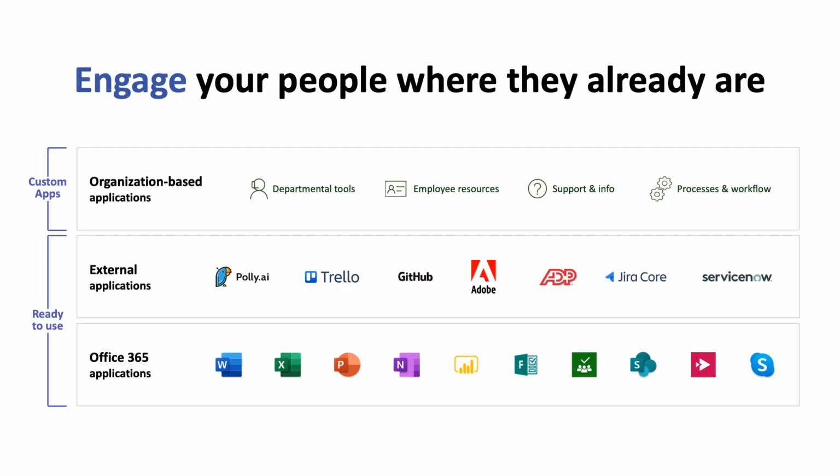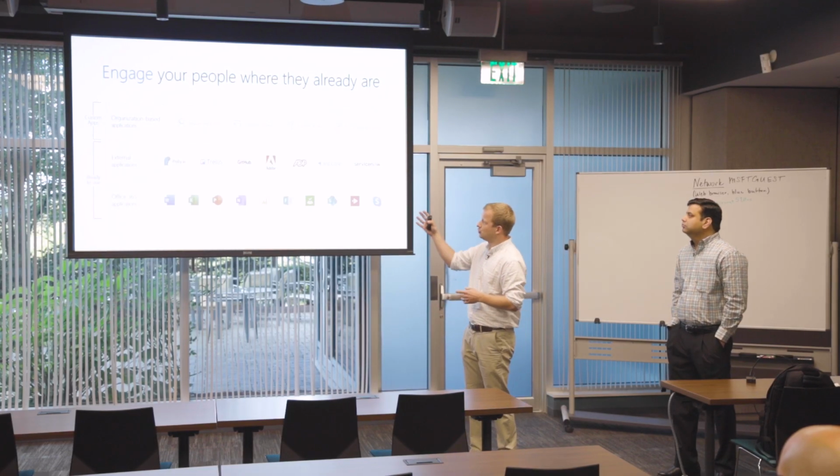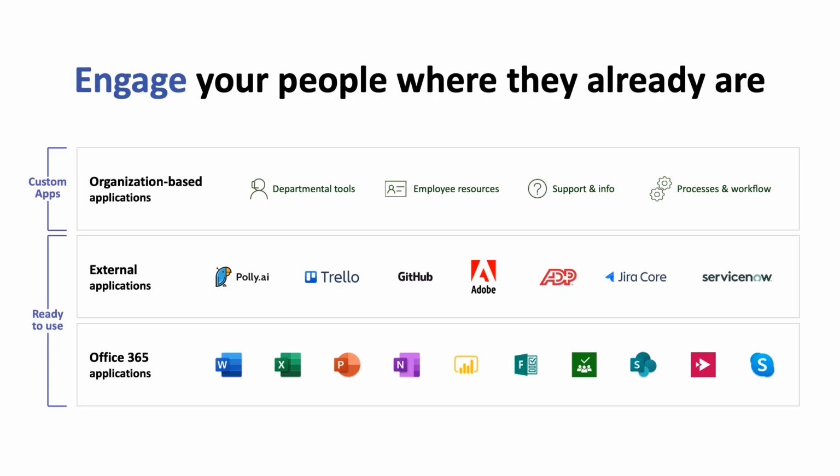So this is another foundational thing that I want you to keep in mind. Today, we really categorize our apps in Teams into two types. One is ready to use, and then the other is custom apps. Ready to use can be a Microsoft application. I'm showing a bunch of them at the bottom here.